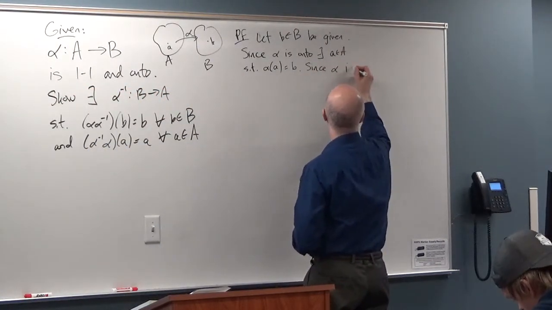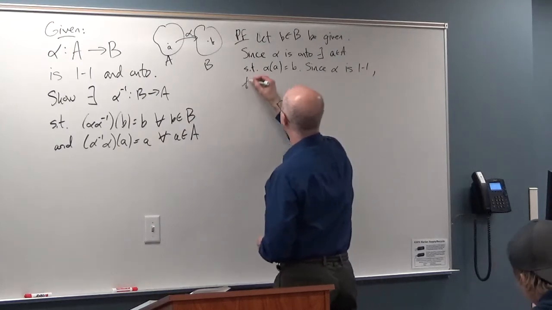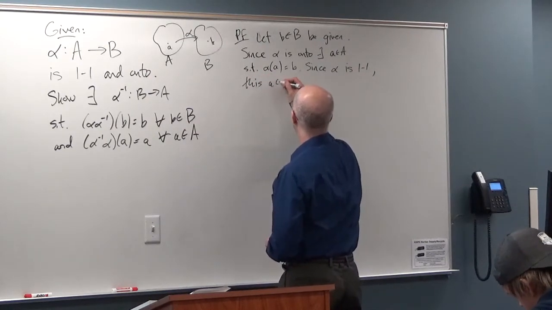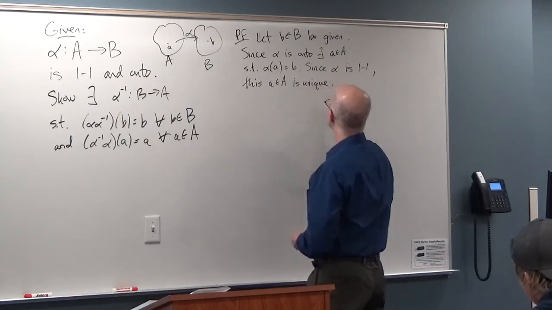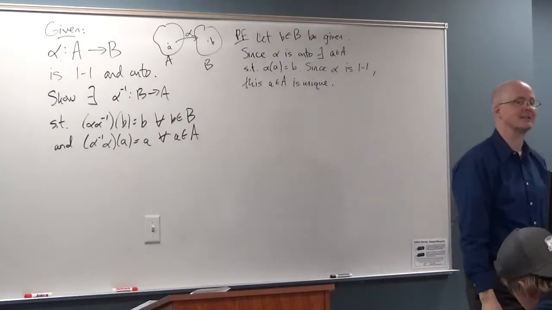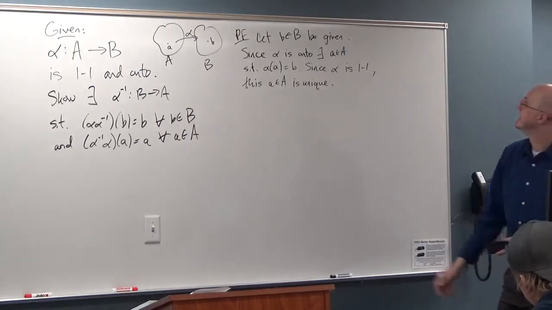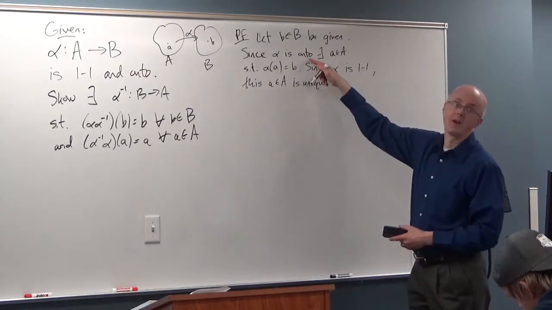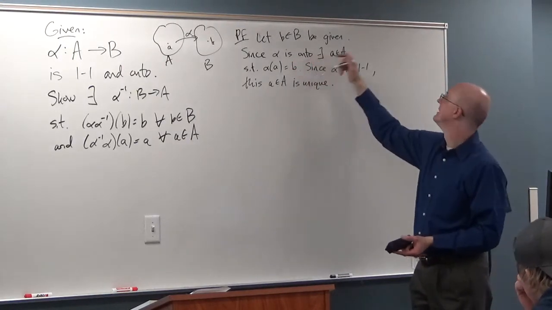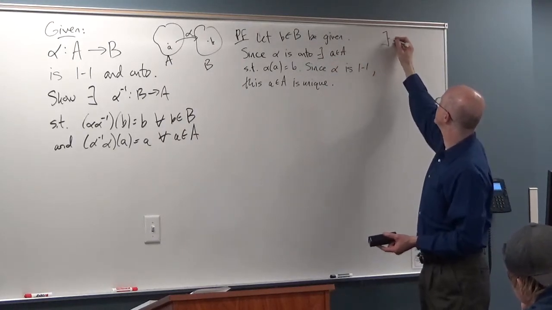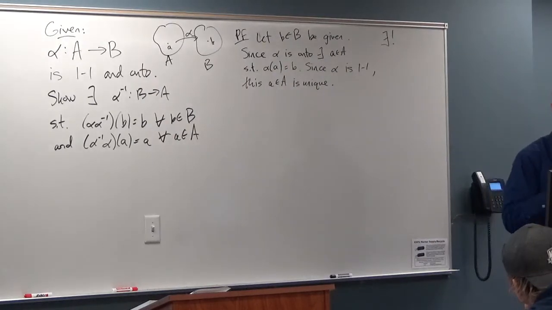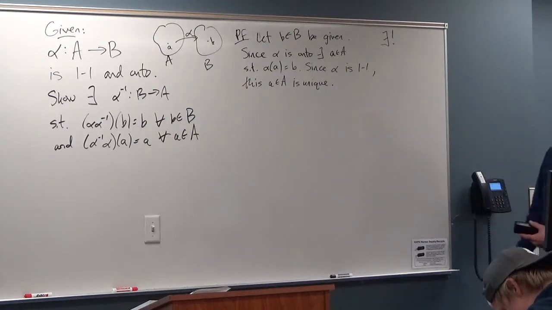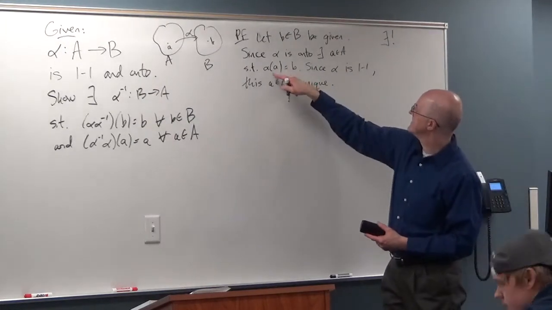Since alpha is 1-to-1, this little a in capital A is unique. I split this into two sentences, but you could have written this in one sentence. You could have said, since alpha is 1-to-1 and onto, there exists a unique, and you could use this notation, there exists unique, exclamation point, it's not a factorial, a in capital A so that this is true.